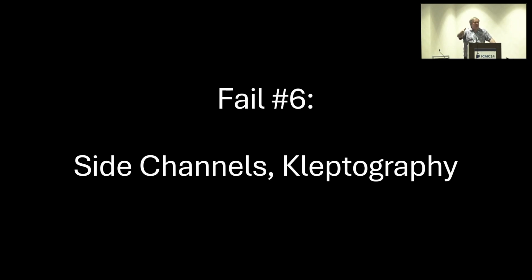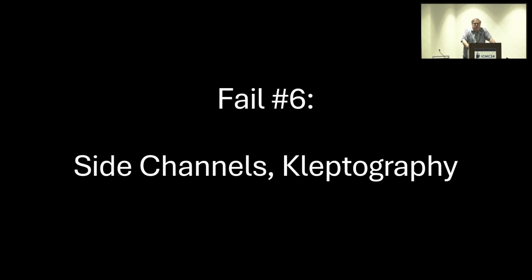Side channels is where you accidentally leak the private key. Kleptography is when you design the system to deliberately leak it. So you have an RSA HSM that advertises its private key to somebody who knows the back door. Those matrices in ML-KEM and ML-DSA were looking really like red flags for kleptography.